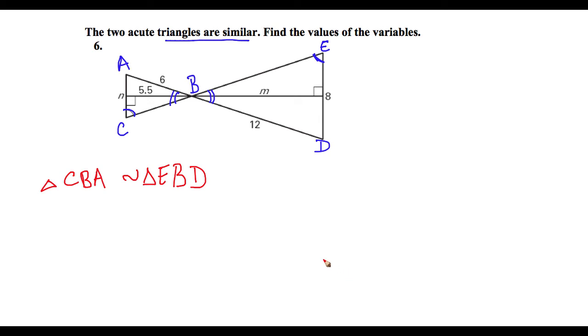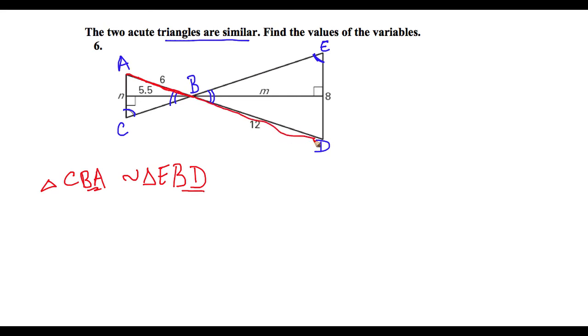Once you have that, we start writing proportionality statements. We want to pick out some side lengths that we know the value of. If you notice here, we definitely know the value of AB, and AB happens to match with DB, which we also know the value of.